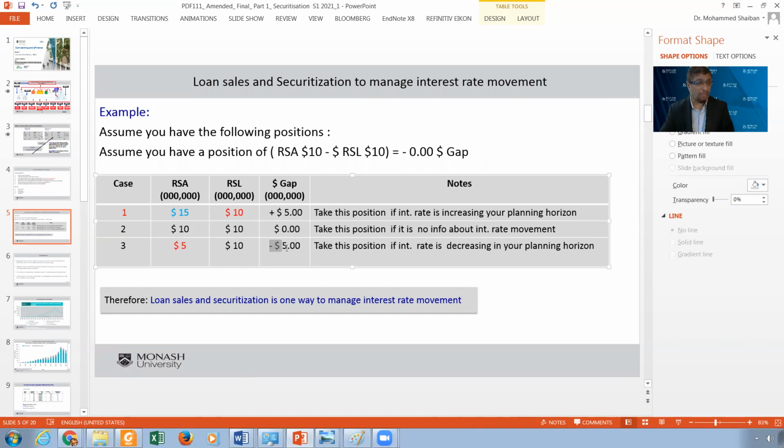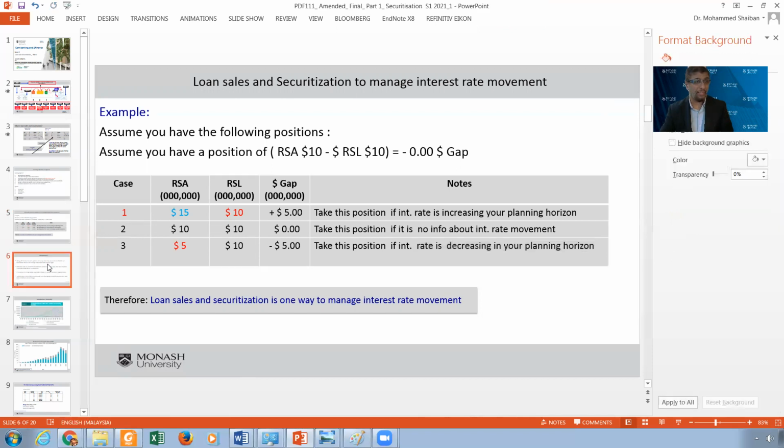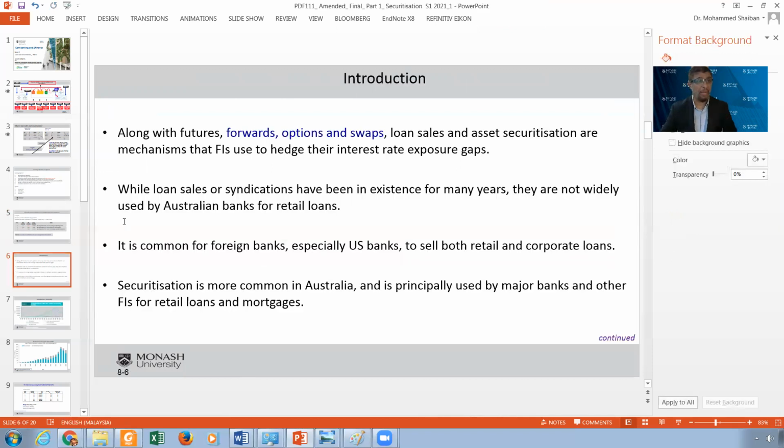So I have a negative gap. If you multiply the negative gap by the decrease, which is negative, in the interest rate, this is a perfect position for me. And overall, this is how we use loan sales and securitization to manage interest rate risk. Having said that, let me move back to the introduction.